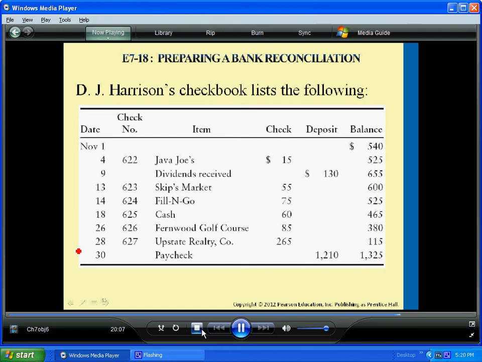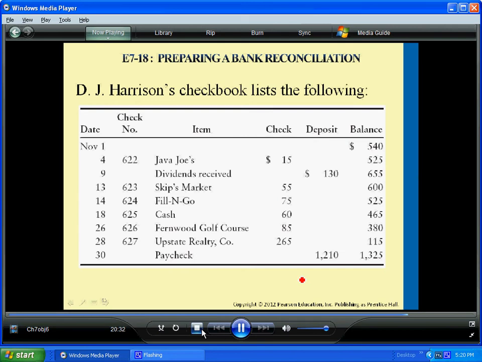The first check they wrote was $622, and the last check they wrote was $627. There were 2 deposits made, one for 130 and one for 1210. So that's what comes from Harrison's checkbook.